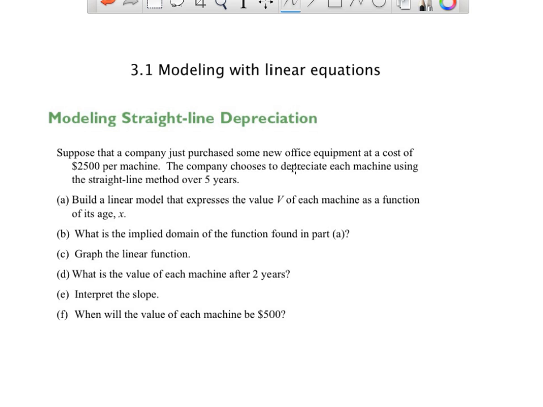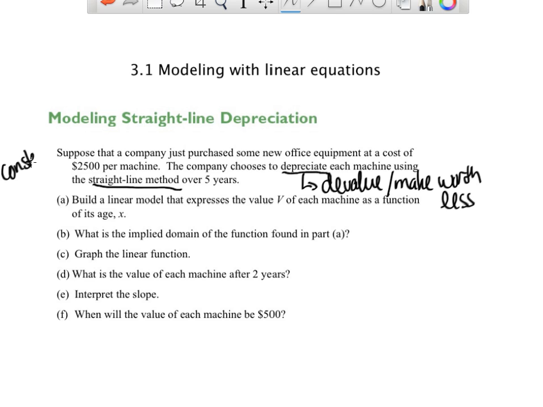So there are a couple of things here that we need to be familiar with. First of all, the word depreciate means, another way to say that would be to devalue or to make worth less. And when they're saying straight line method, the straight line has a constant rate of change.